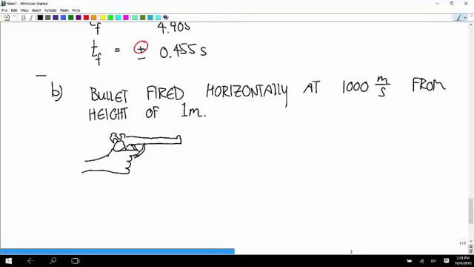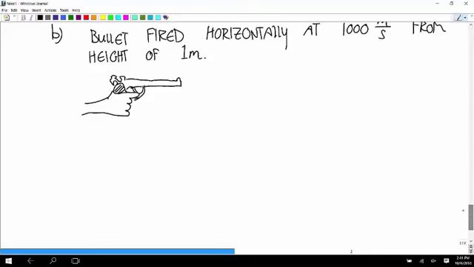And again, this starts out 1 meter above the ground.